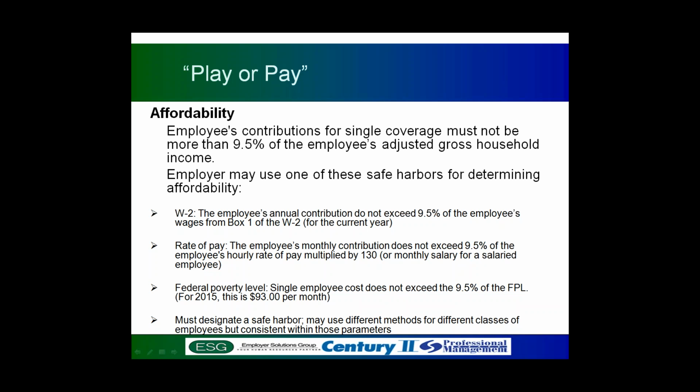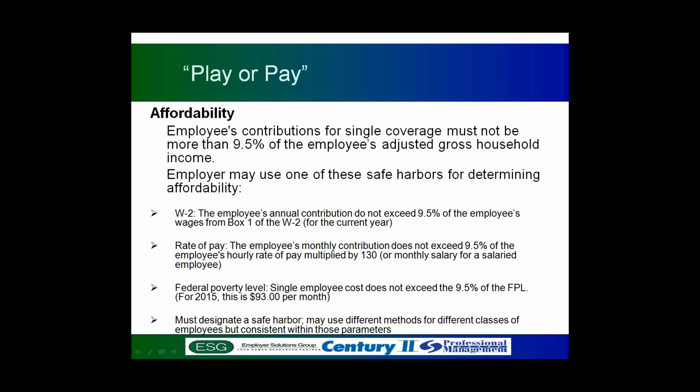The first of those is to use the employee's W-2 wages for the current year, and that's Box 1, which is a taxable wage, not a gross wage. As long as the employee-only contribution for the lowest plan doesn't exceed 9.5% of that Box 1 wage, your plan would satisfy the affordability test.